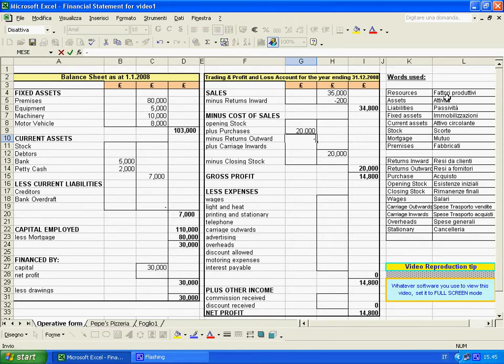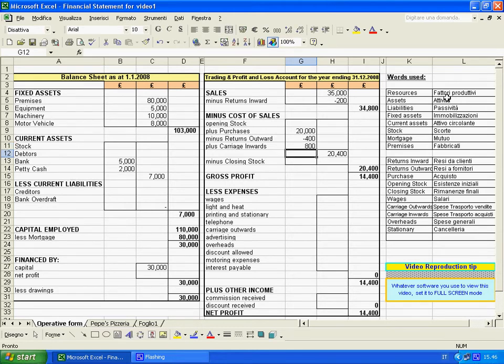In this case, the amount of these returns is £400 that are to be subtracted from purchases. And to have goods at our warehouse, we need to pay carriage for transportation. Carriage in words are transportation expenses. In this case, £800.